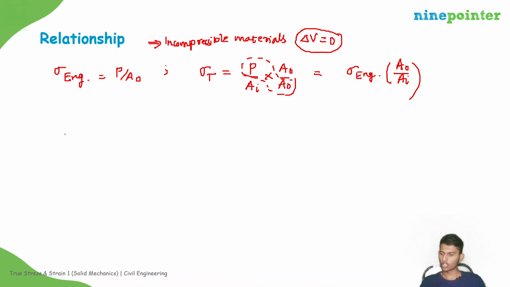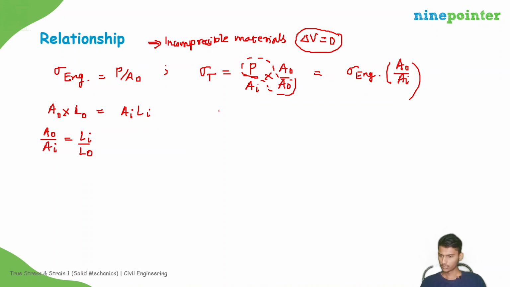So what is the initial volume of the rod? Initial volume will be A naught into L naught. The instantaneous volume will be Ai into Li. Both these two should be the same, right? So A naught divided by Ai will be equal to Li divided by L naught, right?